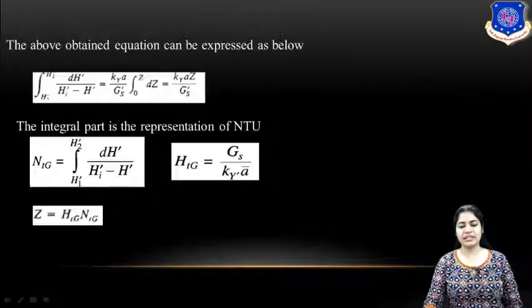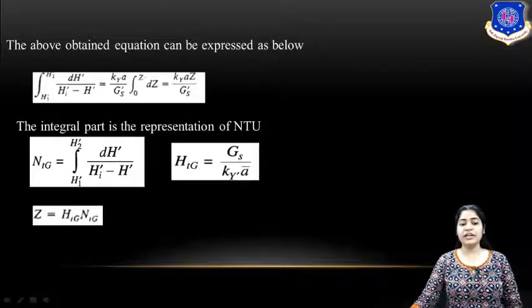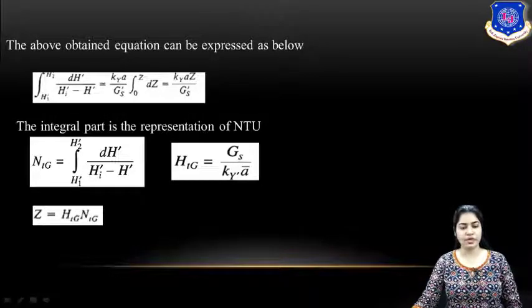When you integrate it, you get the following formula: integration from h1' to h2', initial to final, of dh' upon (hi' minus h'), where hi' is at the interface, is equal to Ky A upon Gs', integrated over dz, and you get the following relation.